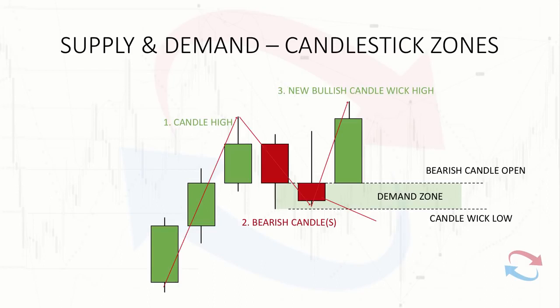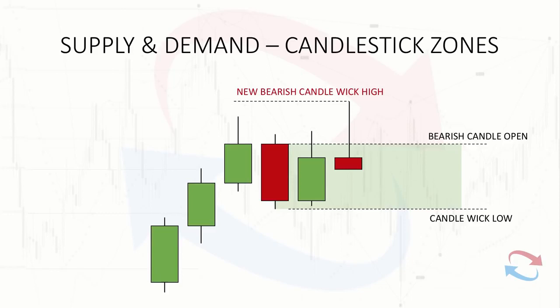So this is the bearish candle's open and to the swing low. And again, as long as the bullish candle makes a new high above this candlestick here, it can either be a wick higher or a close higher than that swing. And this is how we would draw our demand zone.